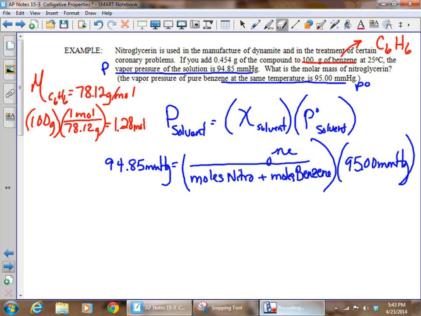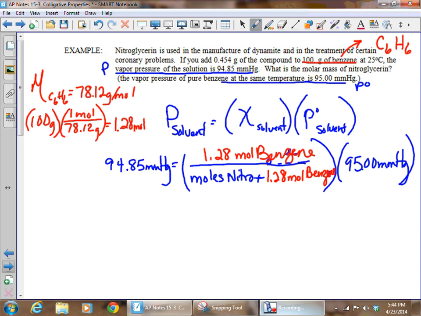So we know our moles of benzene, so we can substitute that in, and let's do that. We've got moles of benzene up here, 1.28, and we've got moles of benzene down here as well. Let's draw our lines in a little better. So right now, we've got everything filled in except for moles of nitro.